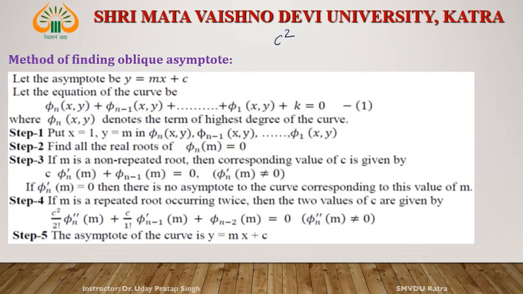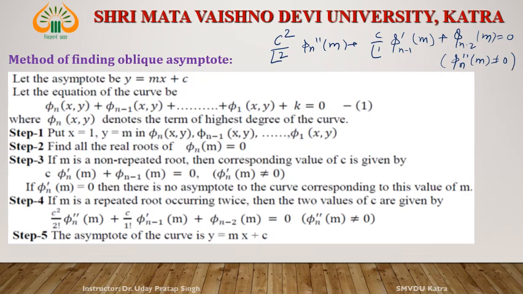C square by factorial 2 phi n double dash m plus c by factorial 1 phi n minus 1 dash m plus phi n minus 2 of m is equal to 0. But the condition is that phi n double dash m does not equal 0, right?